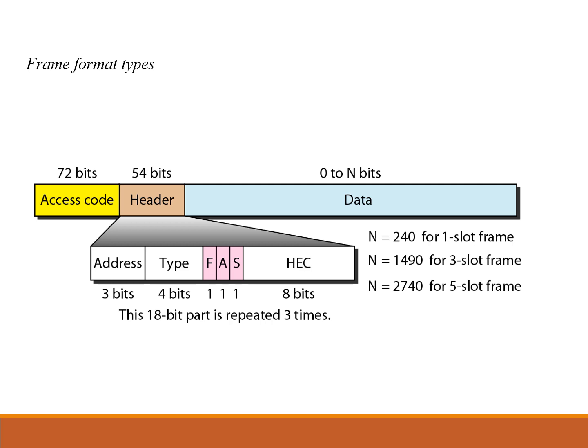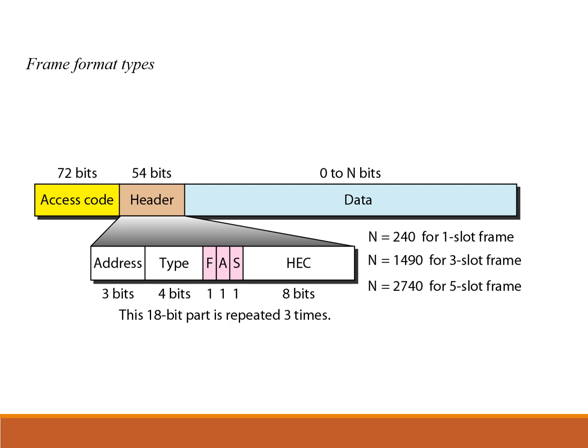The 8-bit error correction subfield is the checksum to detect errors in each 18-bit header section. The 18-bit header is repeated 3 times for a total of 54 bits of header. On the receiving side, a simple circuit examines all 3 copies of each bit. So if all the 3 are the same, the bit is accepted.